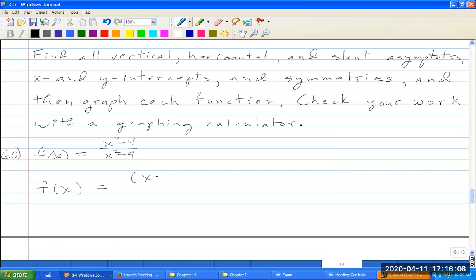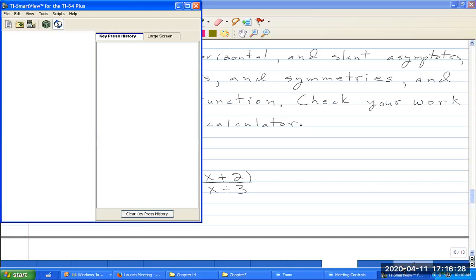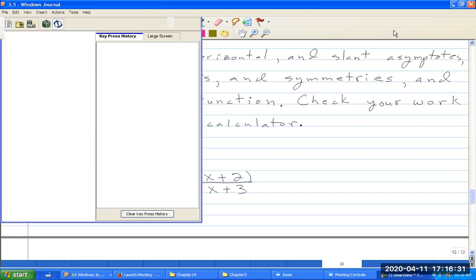So this factors into x minus 2 times x plus 2. And this is also a difference of squares, x minus 3, x plus 3. So that's what my function looks like.